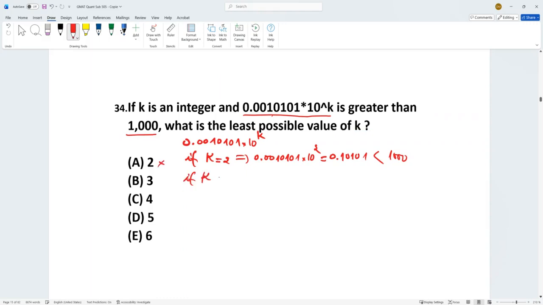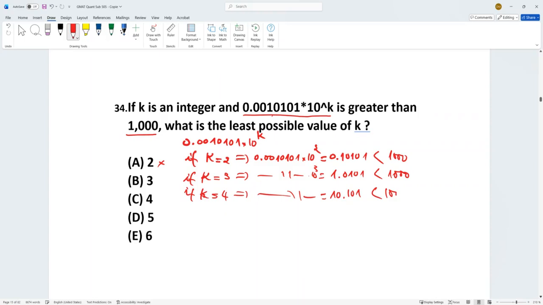You can do the same thing for the others. For 10 to the power 3, it's going to be 1.0101, which is less than 1000. If k is equal to 4, you move just one more decimal position, still less than 1000, so this one is not correct.